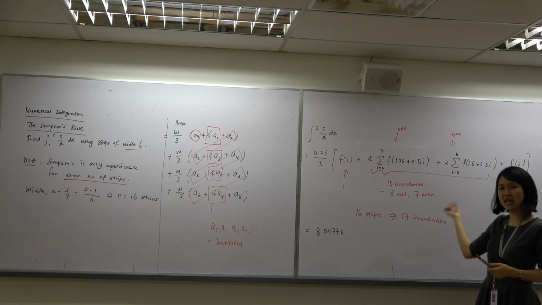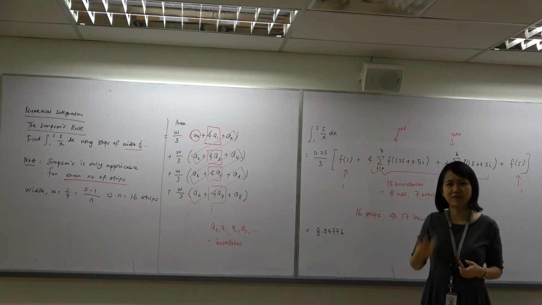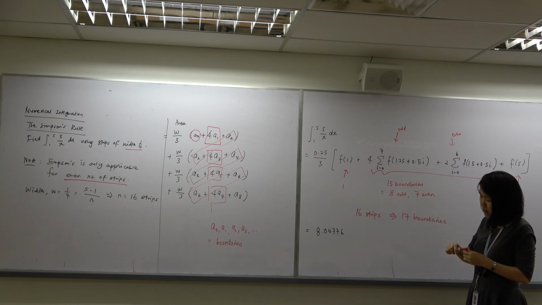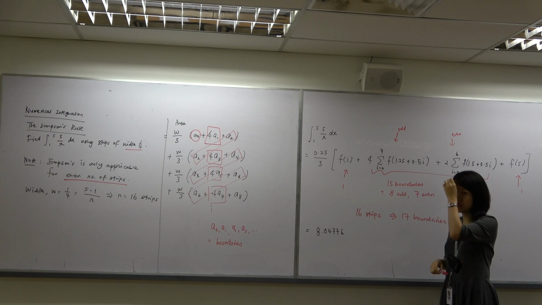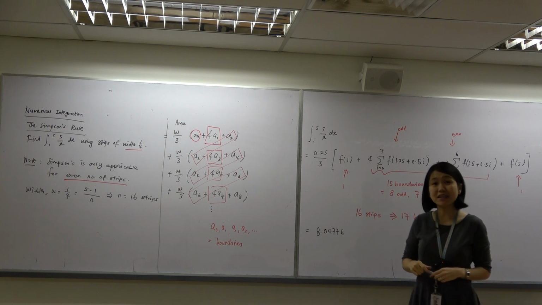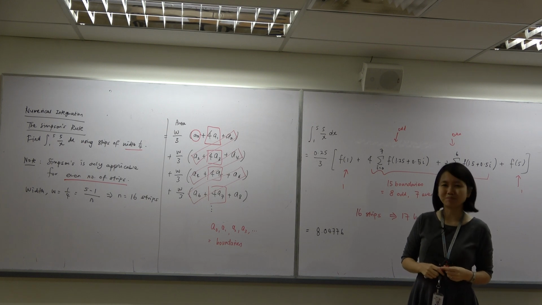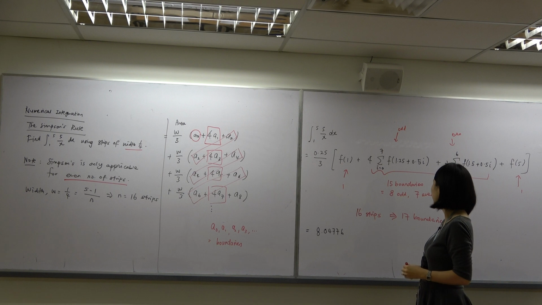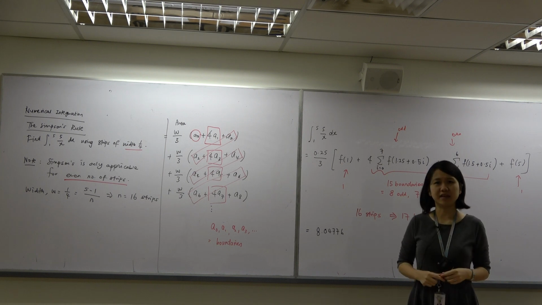If the first and last boundaries are deducted out of 17 boundaries, we are left with 15 boundaries. So if it is 15 boundaries, how many odds and how many evens? We are going to have 8 odds and 7 evens, and note that they are always a term less or a term more. So why is it 8, 7? Why can't it be 9, 6, and so on?